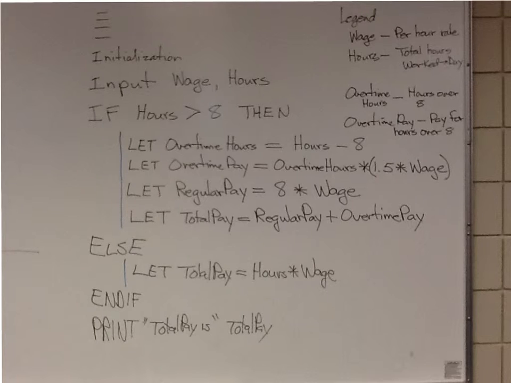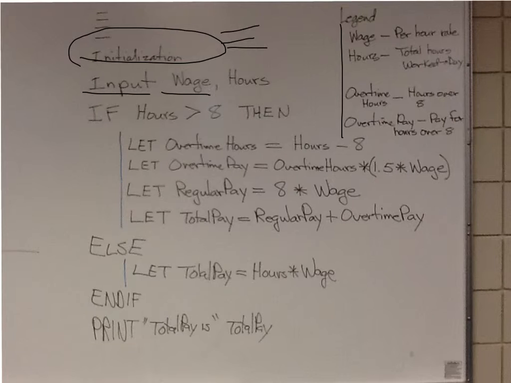Then what we did here is we did a pseudocode. We talked about initialization. You could initialize a bunch of variables. I'll show you an example of that here in a minute. Made a legend. We got a little close together. And we inputted the wage and the hours. The example, I have a few extra things. And then we make a conditional. If the hours are greater than 8, then we're going to perform these steps here.